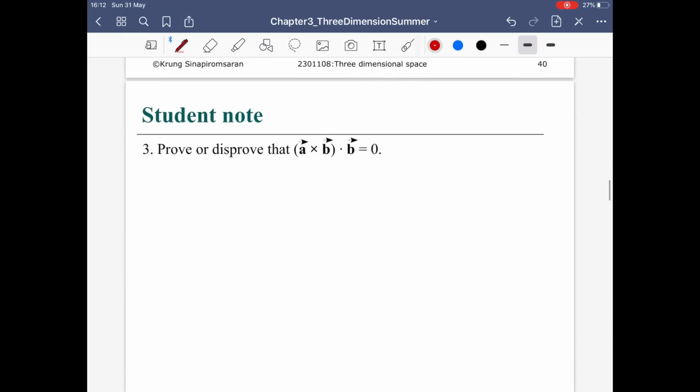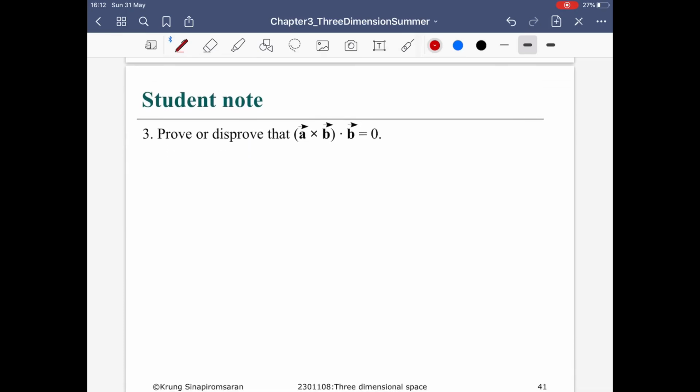How about this one? Can you prove or disprove that a cross b dotted with b always equals 0 or not? Of course, a cross b is a vector that is perpendicular or orthogonal to both a and b, right?